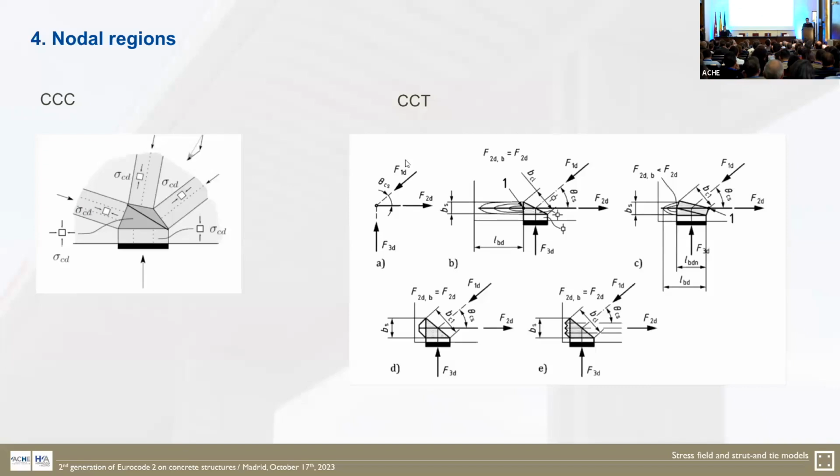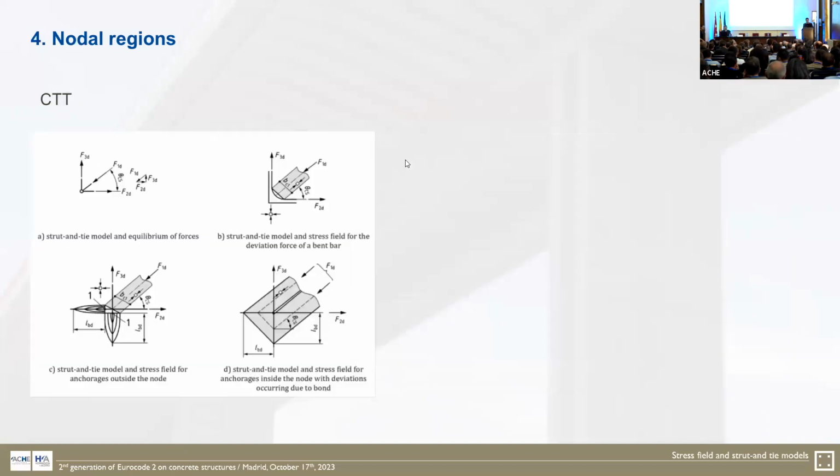So this philosophy applies by extension to other cases. This is, for instance, another concentrated node which has the anchorage outside, but which can also be assumed to be developing in a smeared manner. So let's say the nodal region is defined by the anchorage length. Exactly. Thank you.